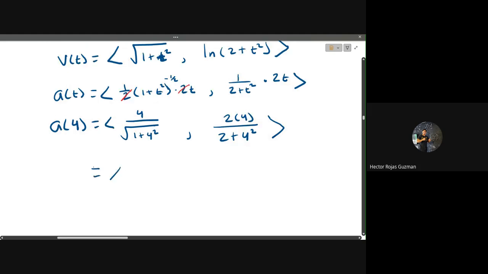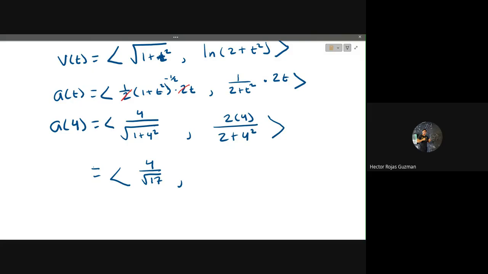And just simplify it. Square root of 17, 8 over 18. Technically, you could leave it like that. Don't worry too much about rationalizing it, and I'm pretty sure the rubric had it like this.